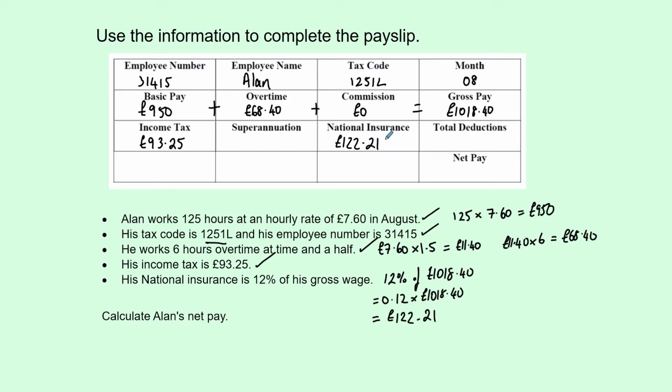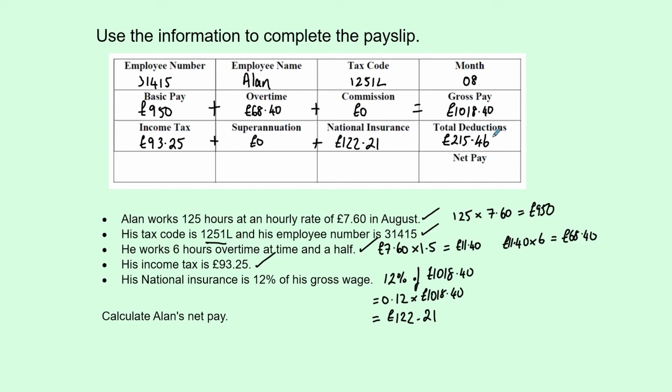Again, we've not got any information about superannuation, so we'll just leave that as 0. The total deductions are going to be the income tax plus the national insurance, so we're going to add on the £93.25 to our previous answer, and we're going to get £215.46.